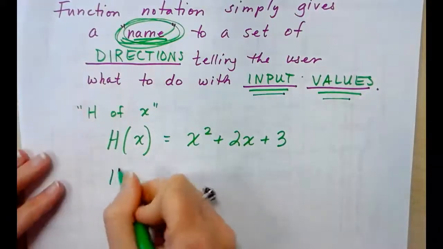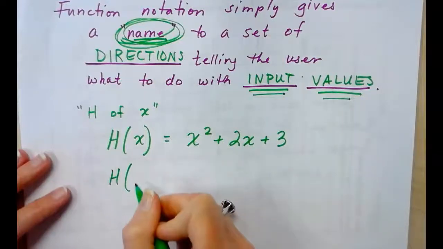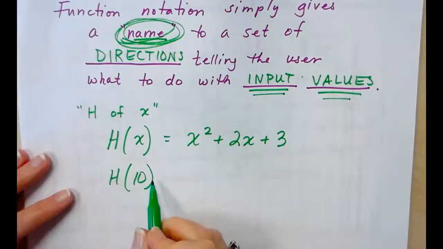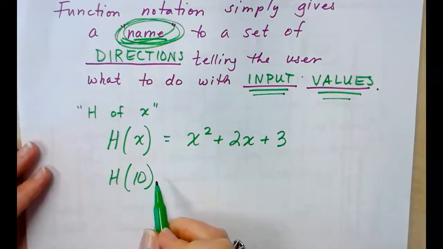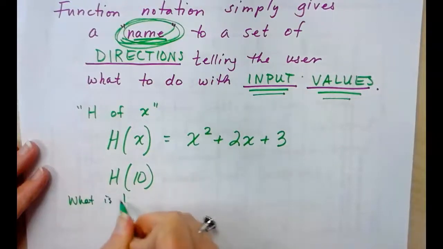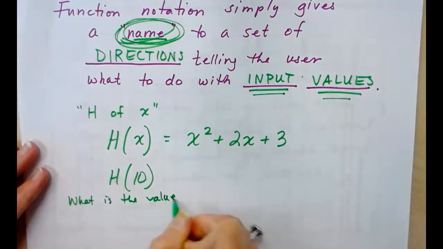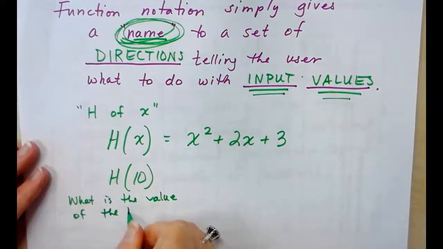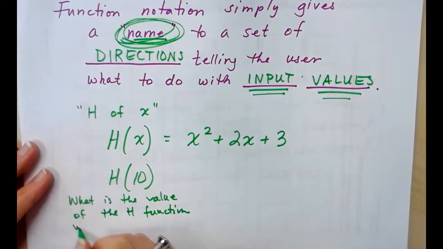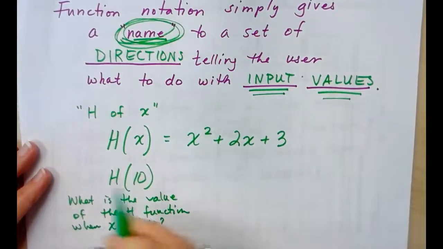So let's evaluate one. Let's put in X equals 10. So when you see H of 10, it's asking this question. What is the value of the H function when X is 10? H of 10 means this question.